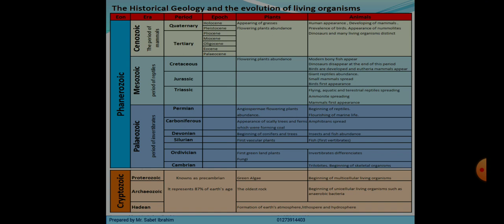The Paleozoic, the period of invertebrates, has six periods: Cambrian, Ordovician, Silurian, Devonian, Carboniferous or Carbonian, Permian.